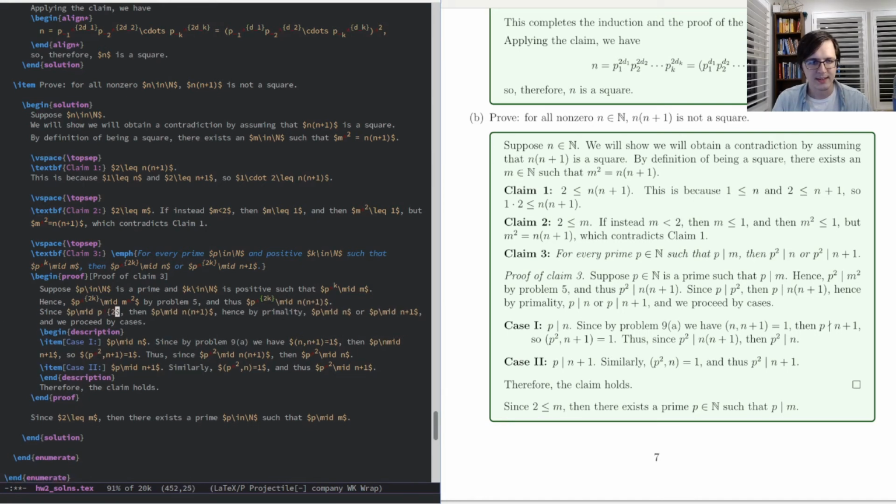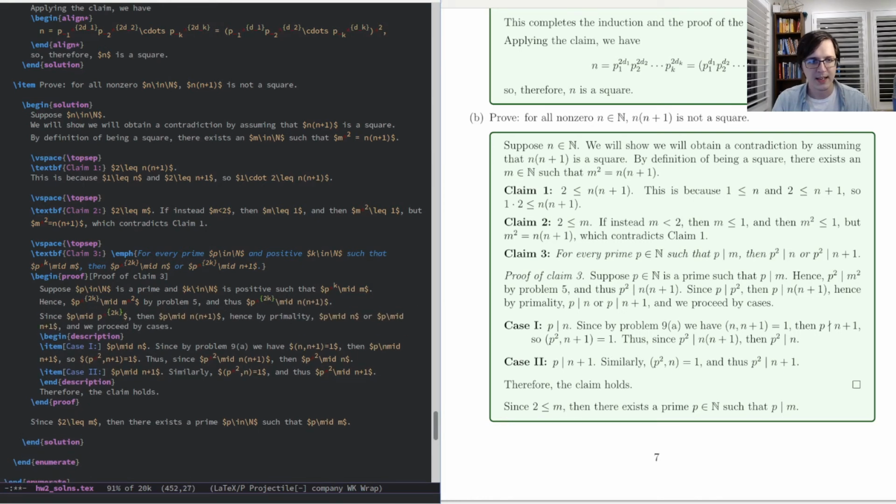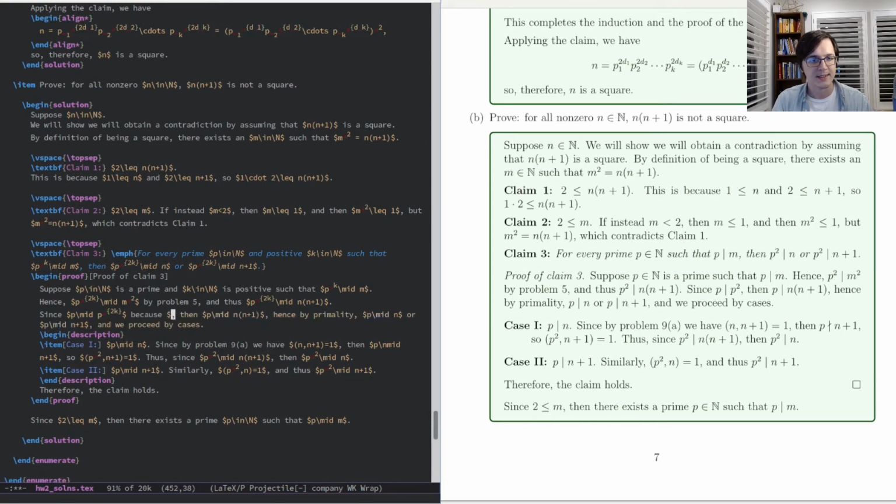Since p certainly divides p to the 2k, because k is positive, and that's why I wanted that, then p divides n times n plus 1 by transitivity. So hence, by primality, p divides n or p divides n plus 1, and we proceed by cases. And both cases are very similar to each other.